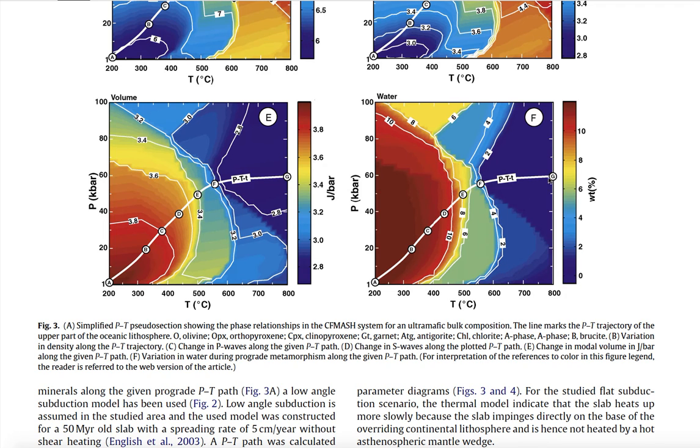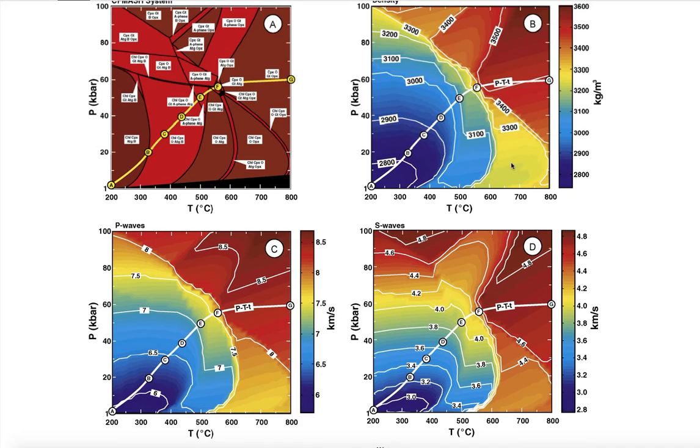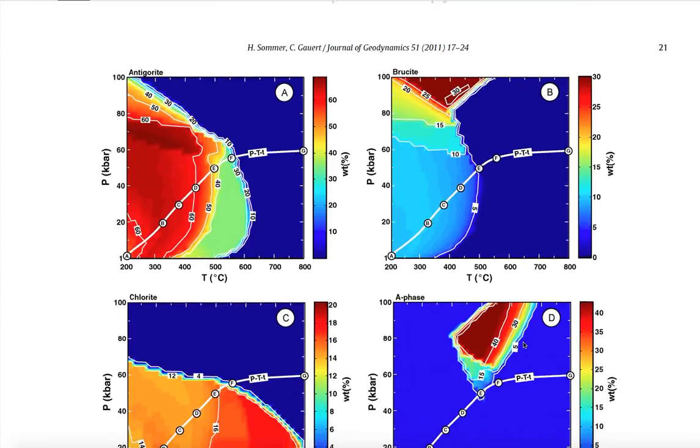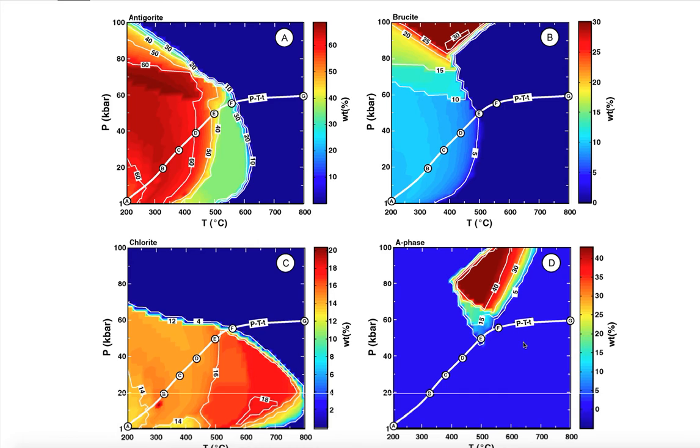So, and here you have then your anhydrous rock assemblage consisting of orthopyroxene, olivine, clinopyroxene, and garnet, yeah? So, and here I have then the stability fields done for the antigorite, for example. So here we have now the weight percent of antigorite in your rock.